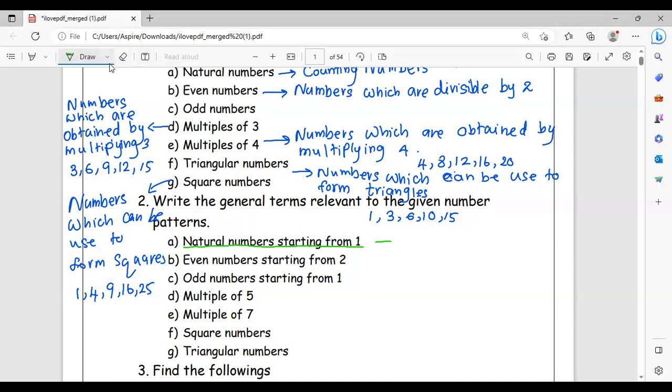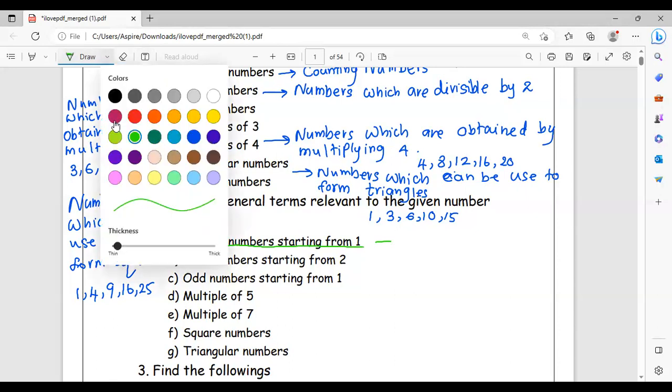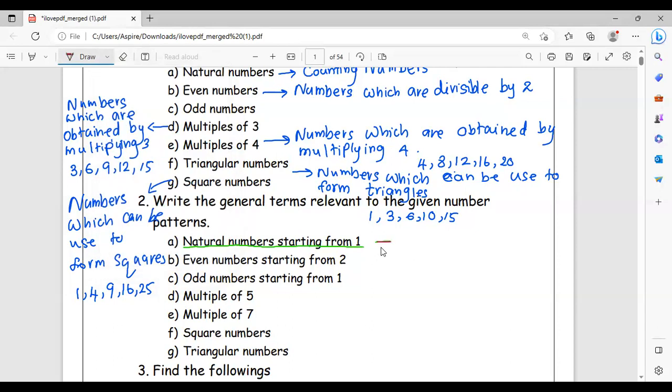Then we know that in the number pattern lesson in mathematics, we use simply n instead of 1, 2, 3, 4, 5, 6, 7, 8. Then we use n as the general term of the natural number pattern.